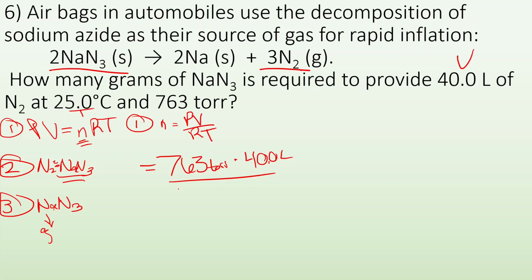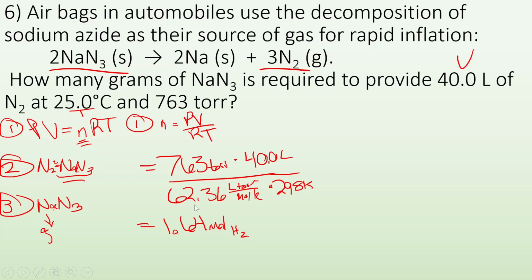If I'm using torr, I need to use the 62.36 liter torr over mole Kelvin times the temperature in Kelvin. Well, let's see, 25C is 298 Kelvin. So when I plug and chug and I do that math, I end up with 1.64 moles of N2.